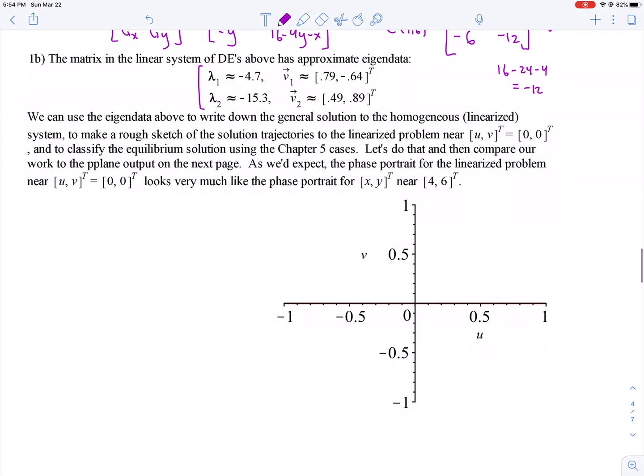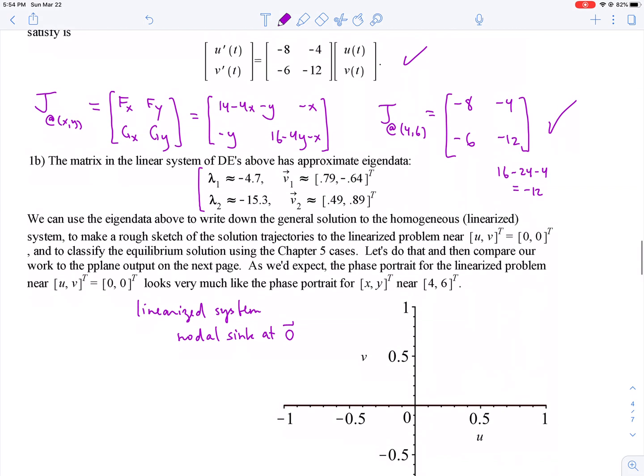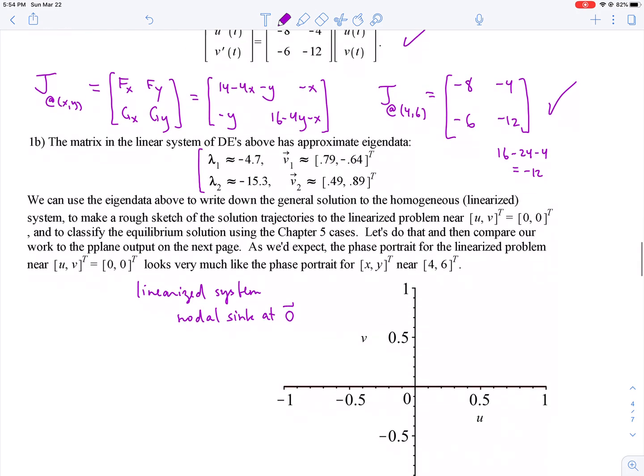So we know that for the linearized system, we have what? We have a nodal sink at the origin, which is the equilibrium point for the linear system for UV.